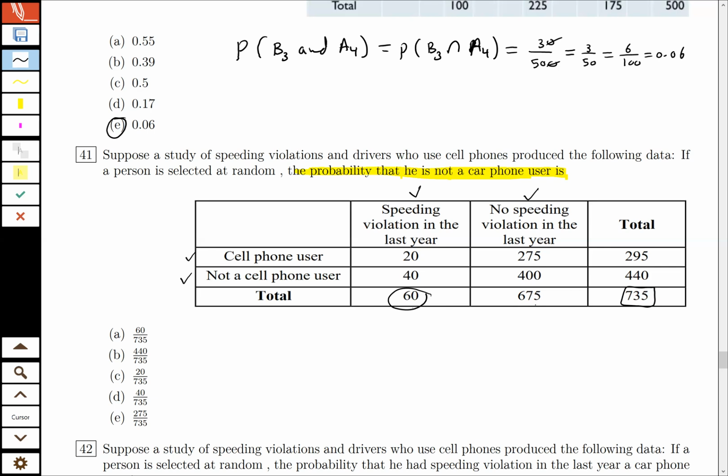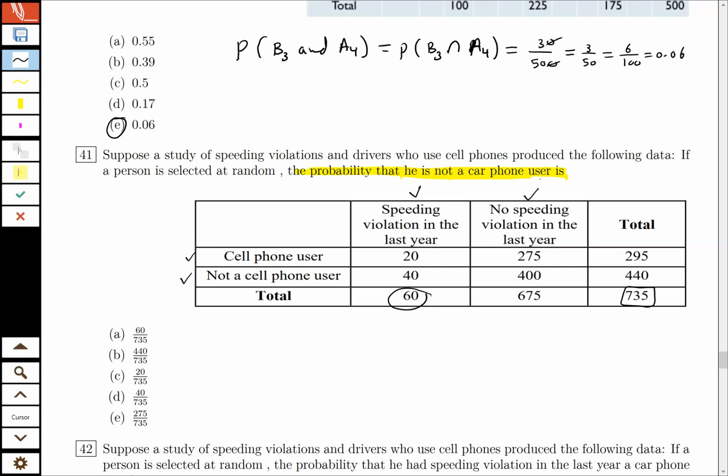Let's now solve several questions about this table. Here he wants the probability that he is not a car phone user. He doesn't have a cell phone.